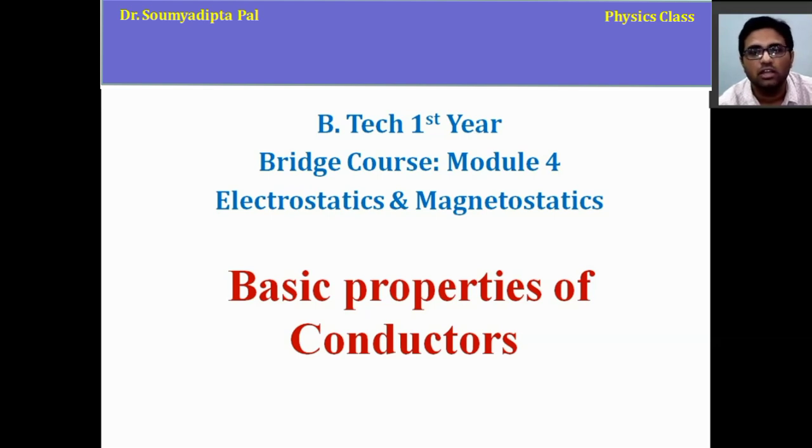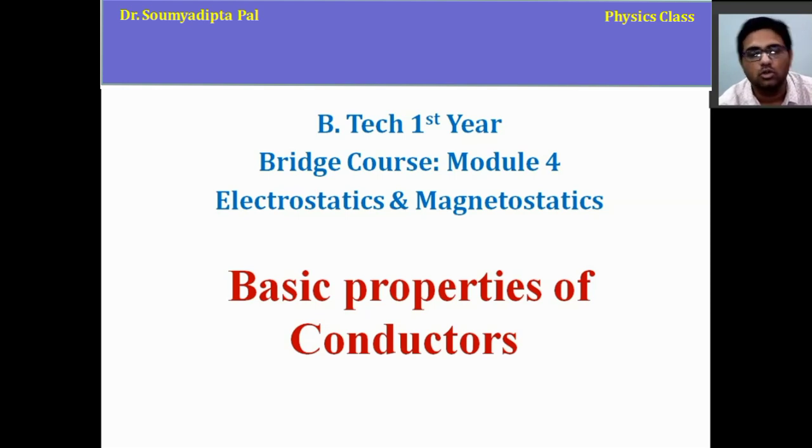That is why the conductivity of a conductor is very high. Now in the perspective of electrostatics, a conductor has some important properties that we will understand today in this lecture.